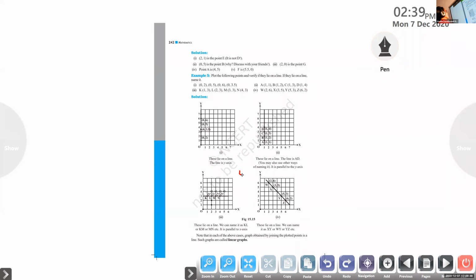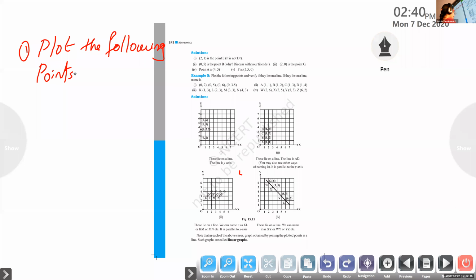Now, first question: plot the following points. Question you can write on the right side of the graph paper.